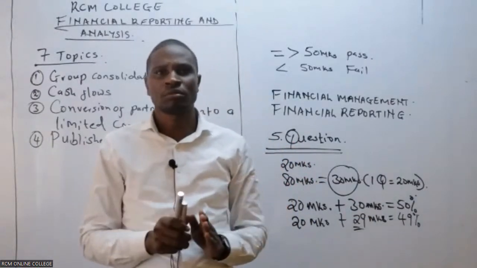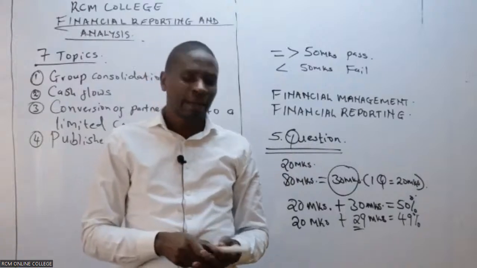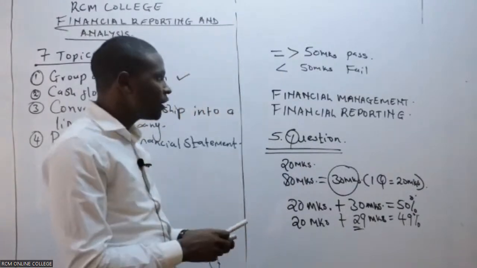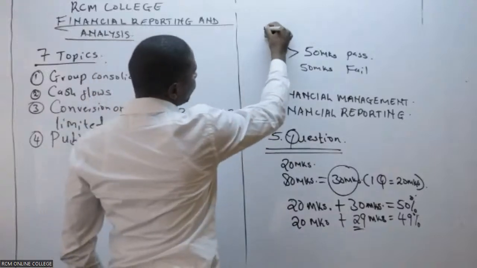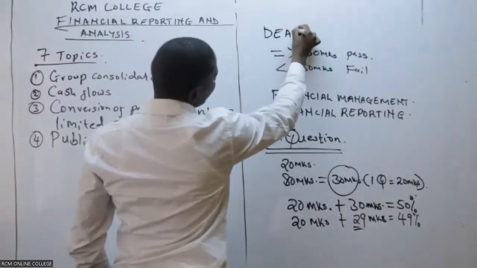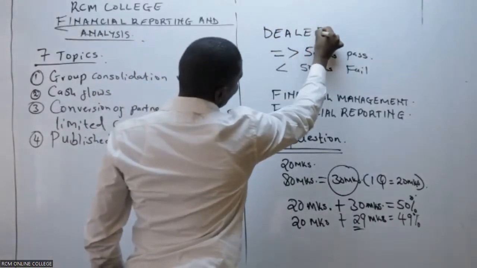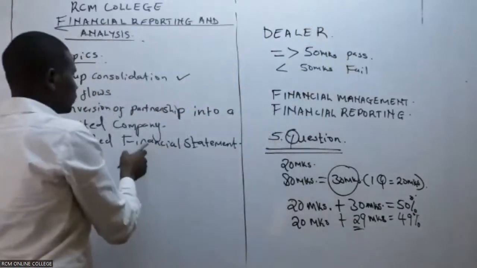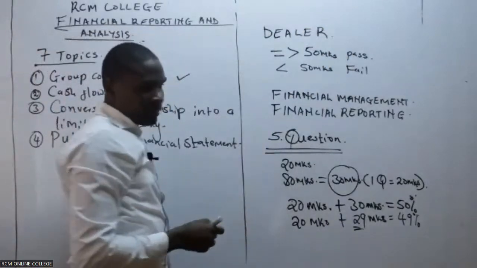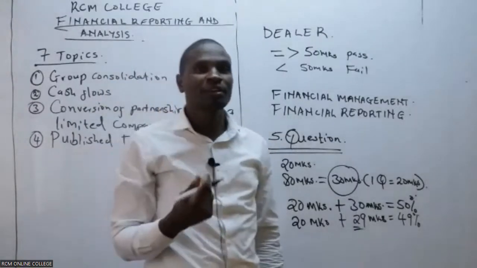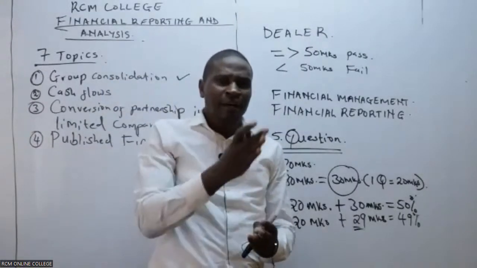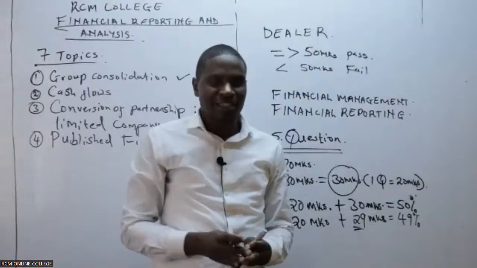But there is something I want you to understand well and remember: it's always good to remember DEALER in whatever you are doing. When it comes to published financial statements, you need to understand DEALER, because you're going to be given a trial balance, so you need to understand what is debited and what is credited.